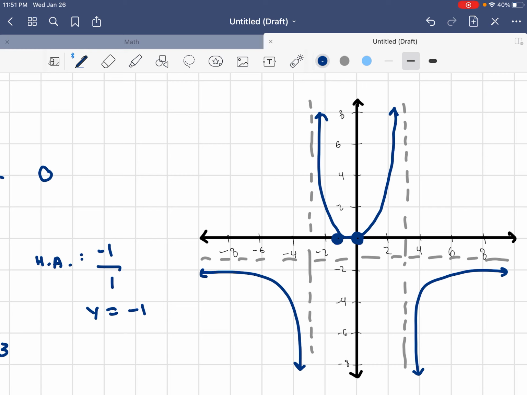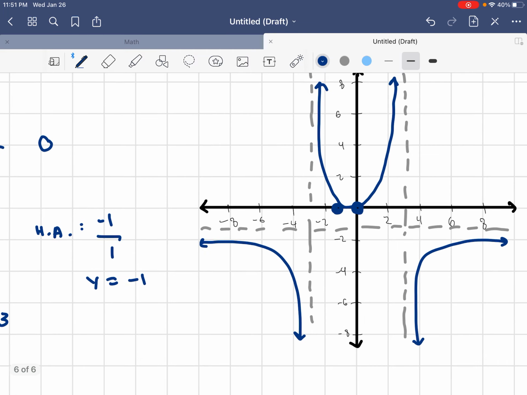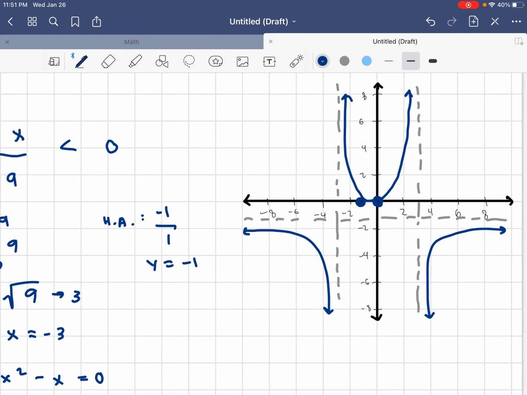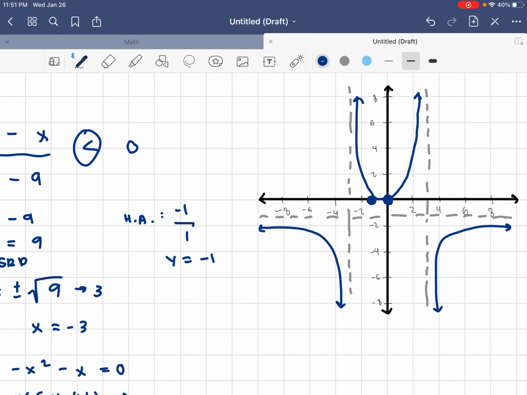And now we need to find what our solution set is. So we see here it's less than 0. And so what that means is what we did up here is kind of useless because it's just going to be under that.